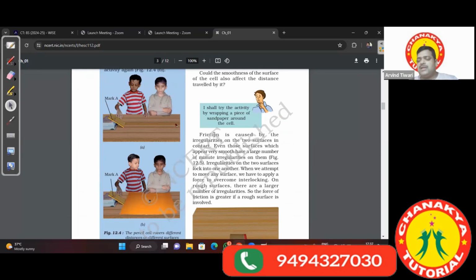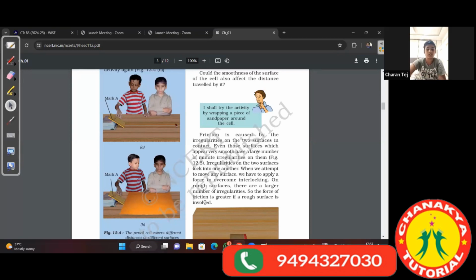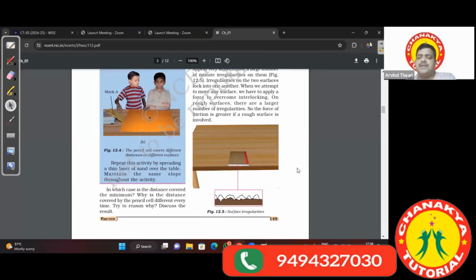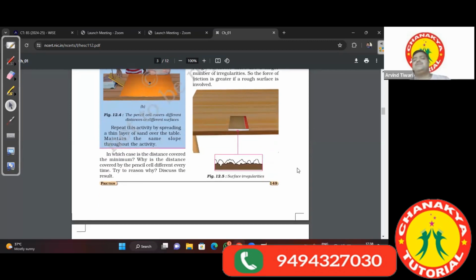You observe that it travels a shorter distance. Why does it travel a shorter distance when you have cloth there? Sir, because on the rough surface it has more friction, on the smooth surface it has less friction. Yes. On the rough surface, it has more friction, and on the smooth surface, it has less friction.